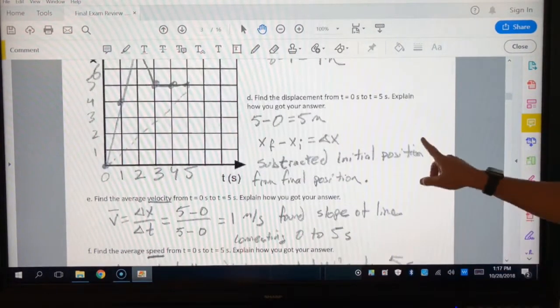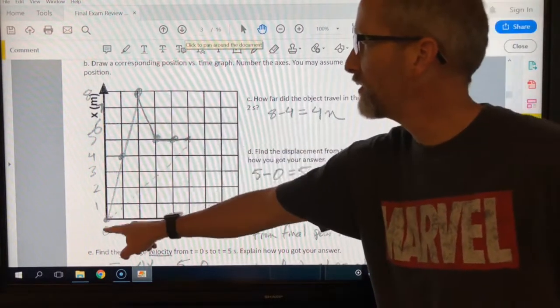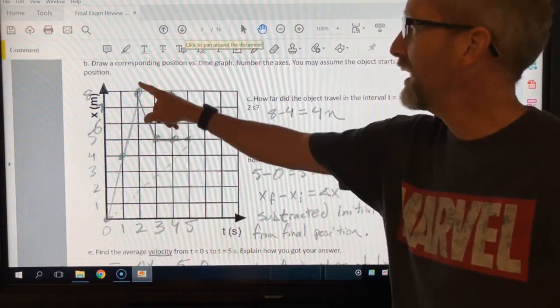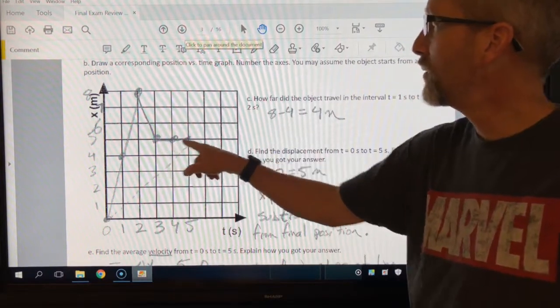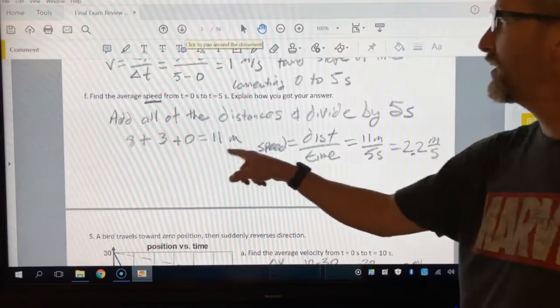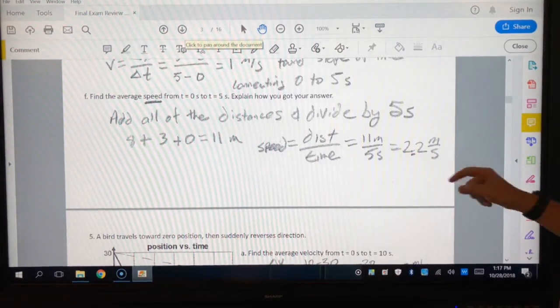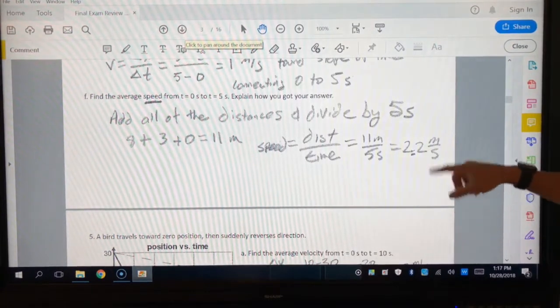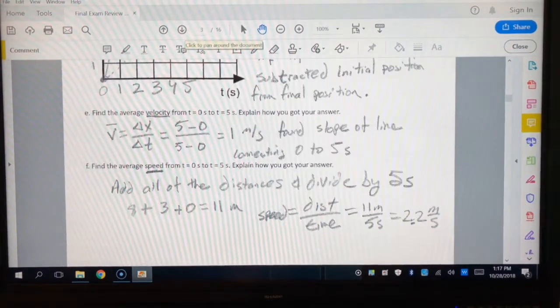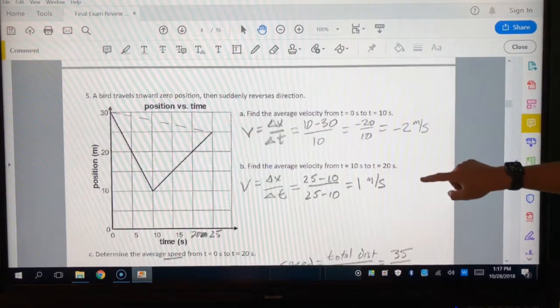So if we go back, we see that the first path length is 8, and then we go 3, and then we don't go any. And so we're going to add 8 plus 3, that's 11, divided by the 5 seconds, and so our average speed is 2.2. Remember, our average velocity was only 1 meter per second, so big difference between the two there.